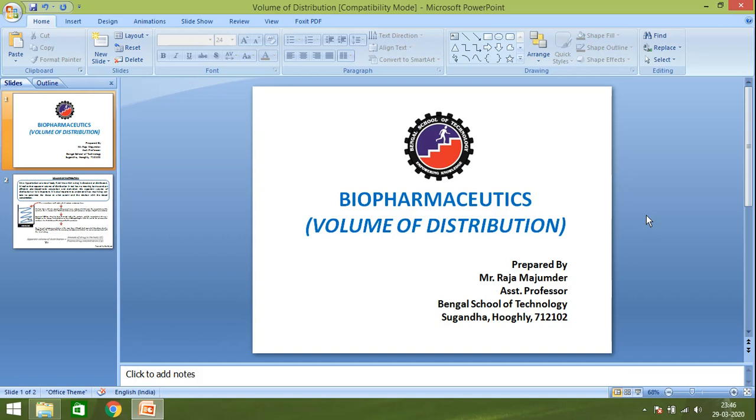If you are not concerned about the distribution of the drug within the volume of the different tissues present in our body, then you can't find out the relationship between the concentration in the plasma and the concentration or the volume of the tissue with respect to drug amount. That means how much drug we are actually consuming and how much can cross the different physiological barriers to be available in the tissue fluid or intravascular fluid.